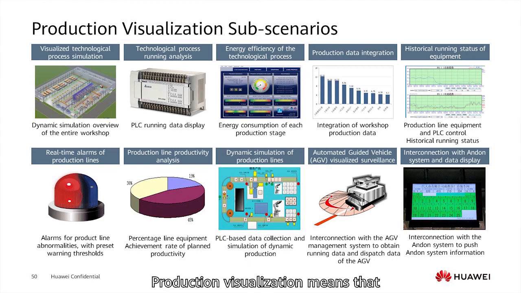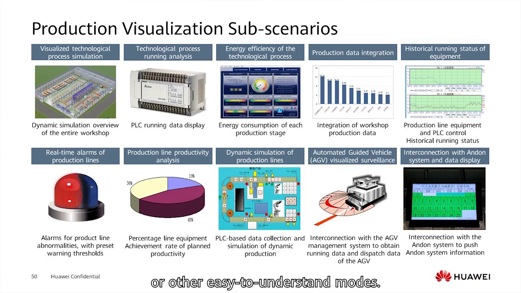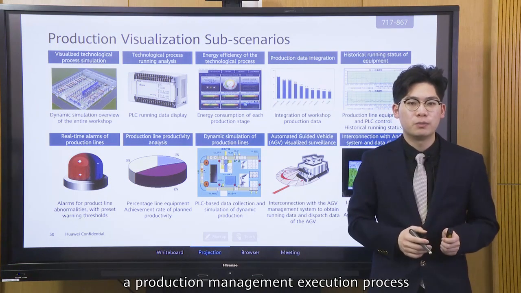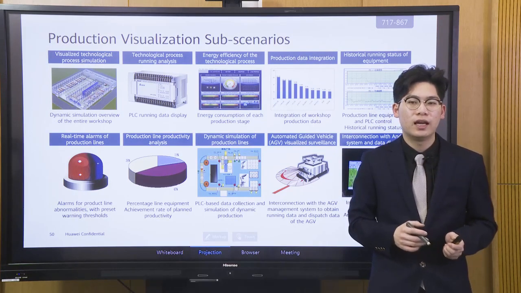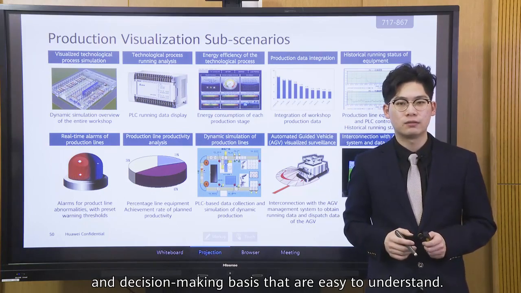Production visualization means that data collected by the platform is displayed in graphics or other easy-to-understand modes. It can convert the data into a production management, execution process, and decision-making basis that are easy to understand.